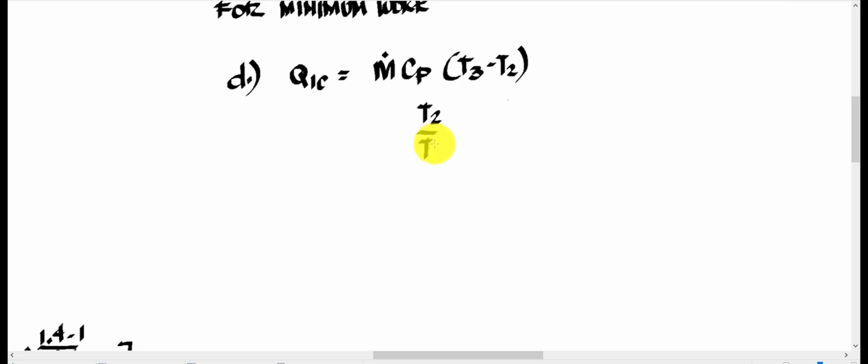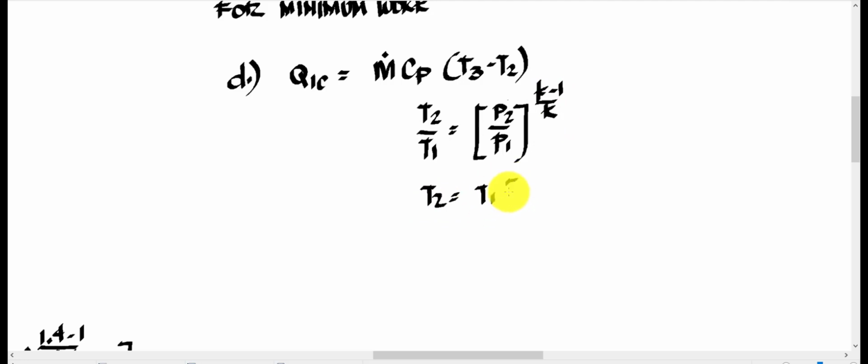So we have T2 over T1 equal to the ratio P2 over P1 to the power of (K minus 1) over K, using the PVT relationship.